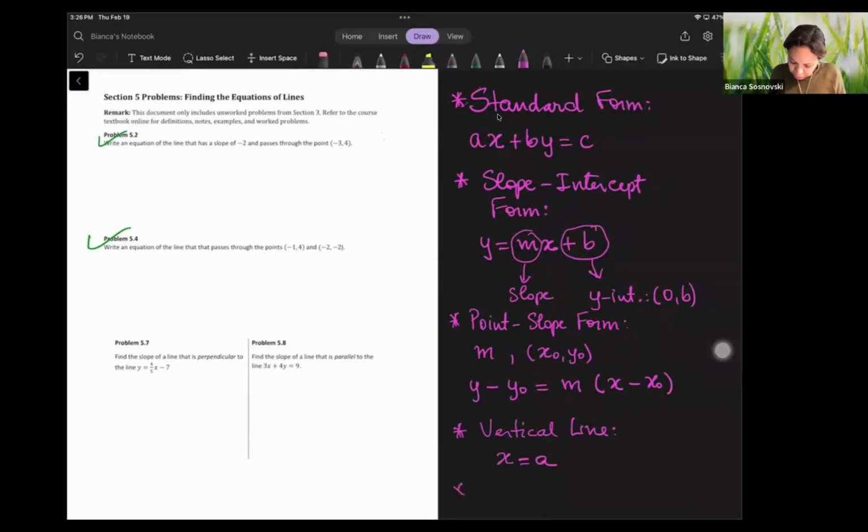If it is a horizontal line, the form is y equals b, there's no variable x, but you do have the variable y, which equals a number. And when you graph that, you get your horizontal line. Okay, so those are the special cases.